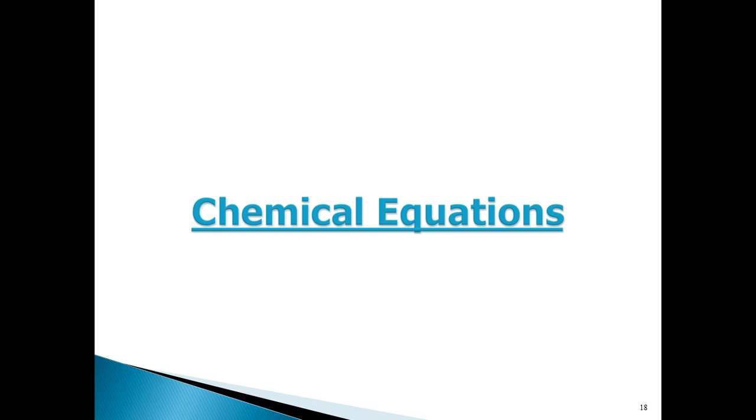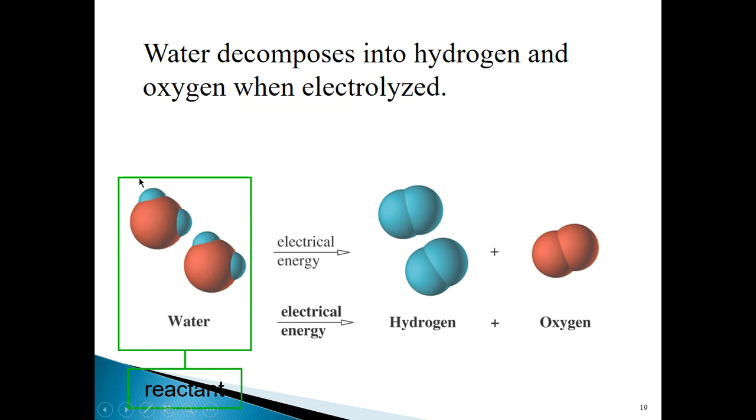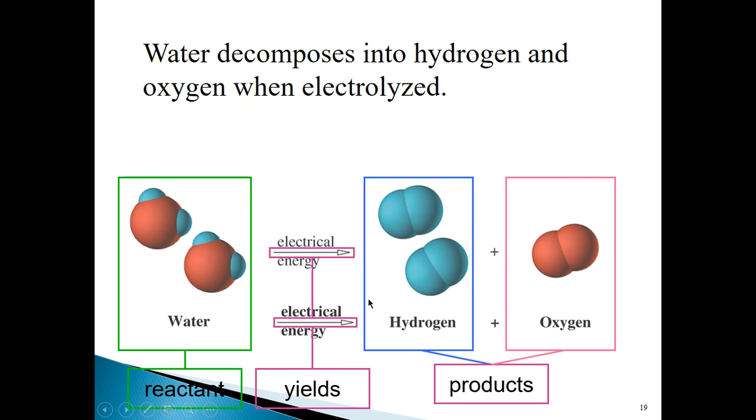Okay, now in chemistry, we oftentimes use a shorthand way of representing a chemical reaction. So instead of writing out the reaction in words, we use what are known as chemical equations. And in a chemical equation, basically you start off with your reactants. So you write down the formula for your reactants on the left side. You have an arrow, and then you have the formula for the substances on the right side, which are the products.